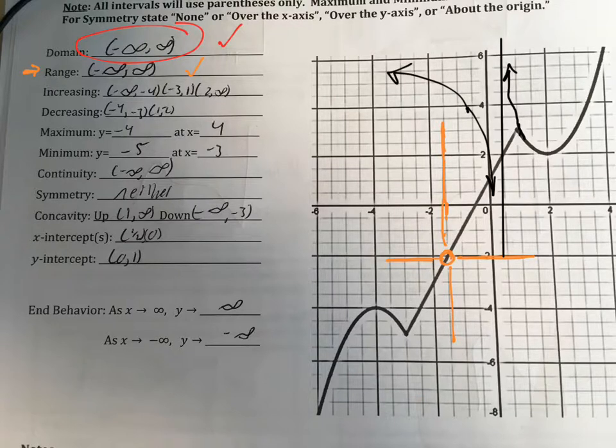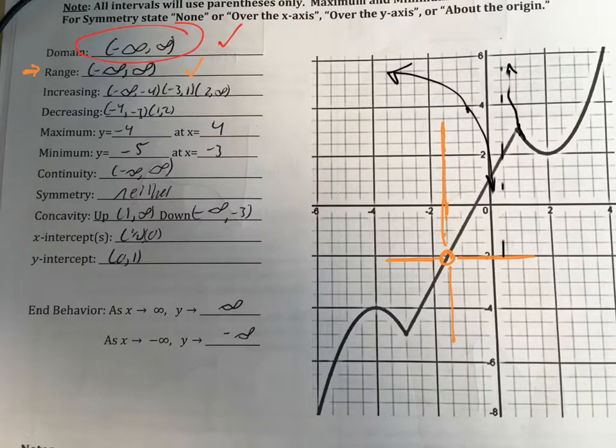Where there's a vertical asymptote, then that particular line wouldn't be part of the graph. Everything else would be, but just not that x value where that line goes through. Again, you don't actually see the line in here, but you'll see sometimes graphs that look like that. Okay, so that's domain and range.